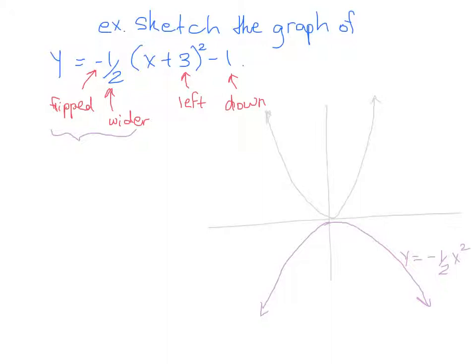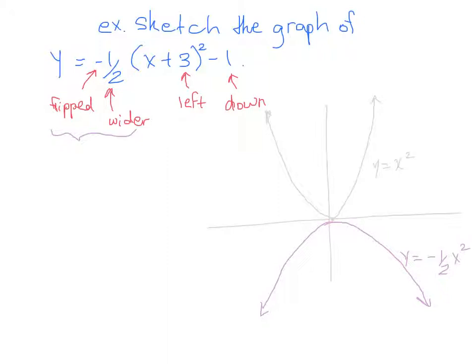But we have a lot more stuff to do with this graph before we're happy with it. Let's label this so we don't forget what that was. Y equals x squared. All right. We're also told that we need to move the graph to the left and down. Let's move it to the left first. I'm going to make the color slightly brighter because we're getting closer to the answer.